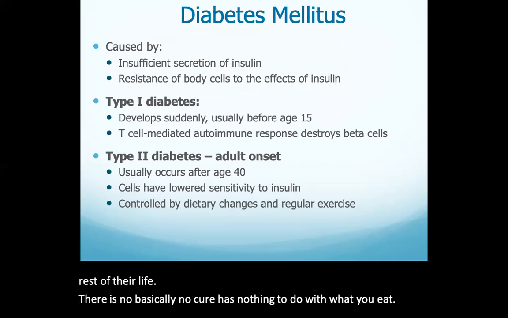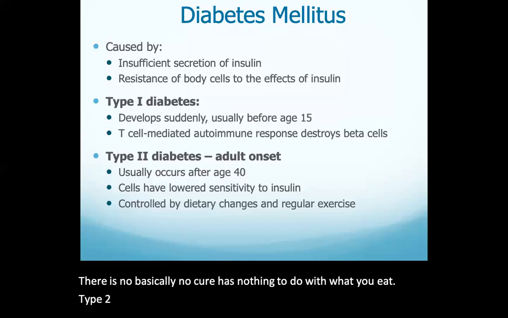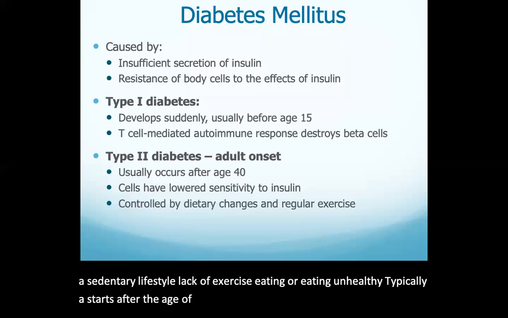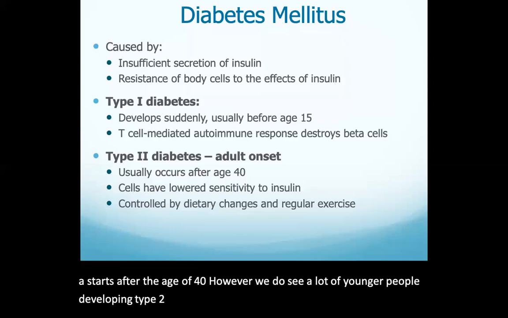Type 2 diabetes is adult onset diabetes. This has a lot to do with having a sedentary lifestyle, a lack of exercise, eating unhealthy. Typically, it starts after the age of 40. However, we do see a lot of younger people developing type 2 diabetes as a result of unhealthy eating.